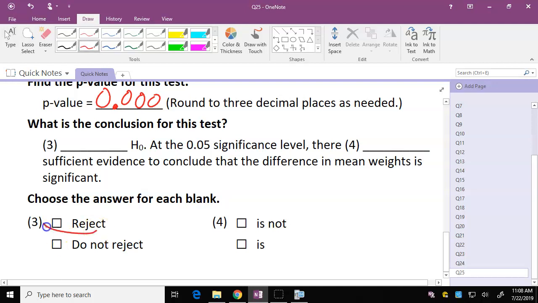Reject it, because this number is less than our significance level, 0.05. So at the 0.05 significance level, there is sufficient evidence to conclude that the difference in mean weight is significant. That's it. That's what your final will look like. Chapter 7, Chapter 8, Chapter 9.